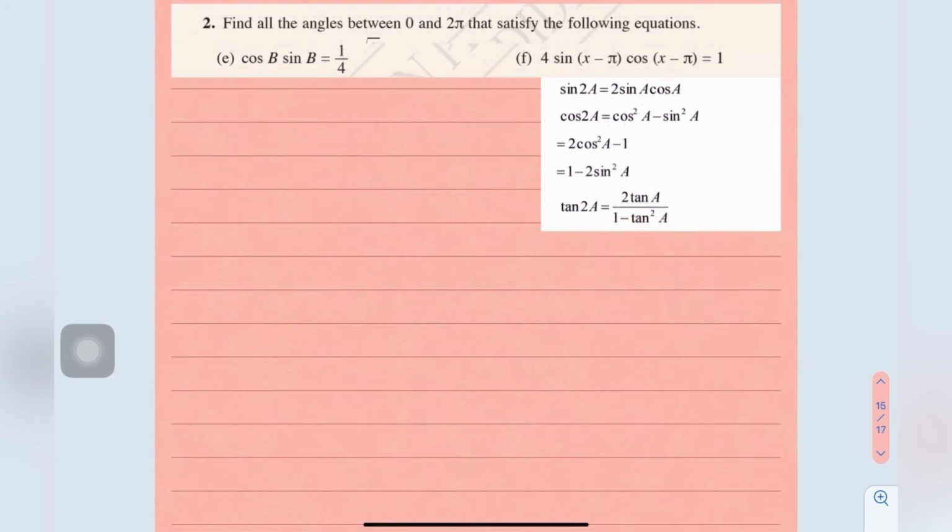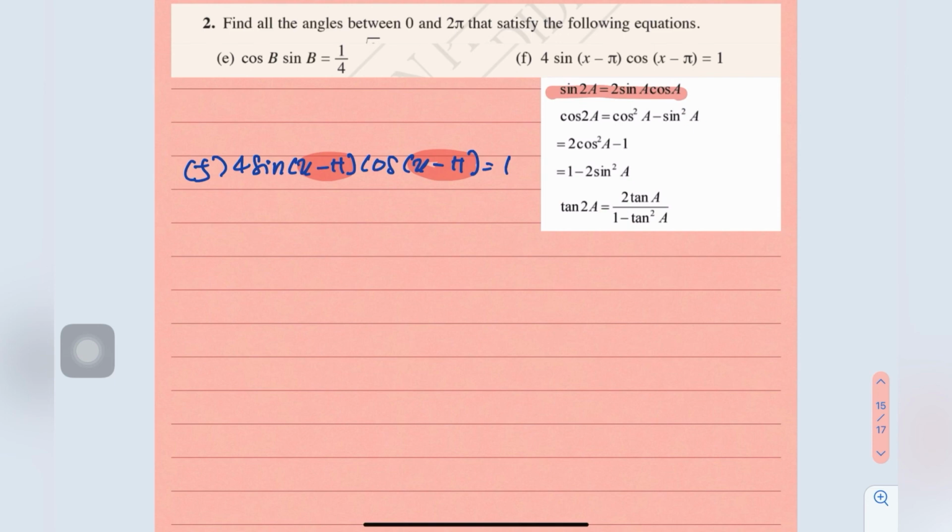Question F. We have 4 sine(x minus pi) cos(x minus pi) equals 1. The angles here are x minus pi and x minus pi, so we can use the double angle formula of sine.